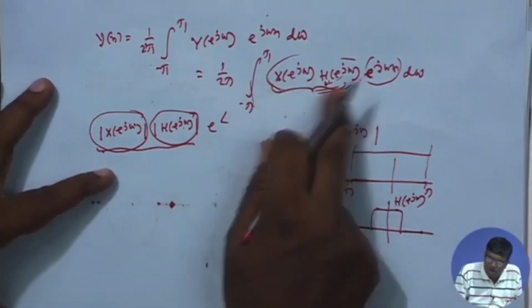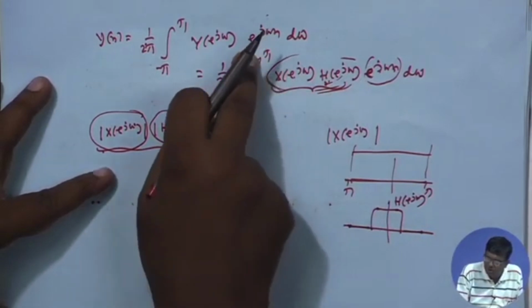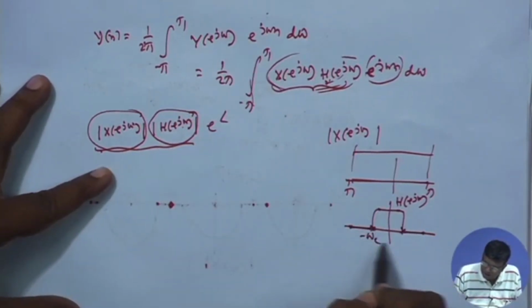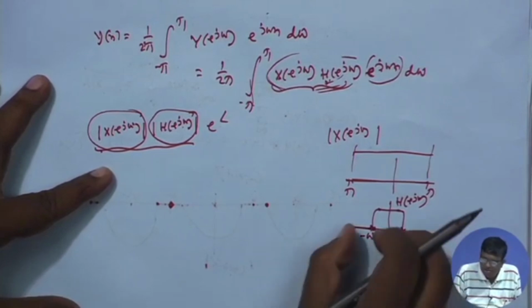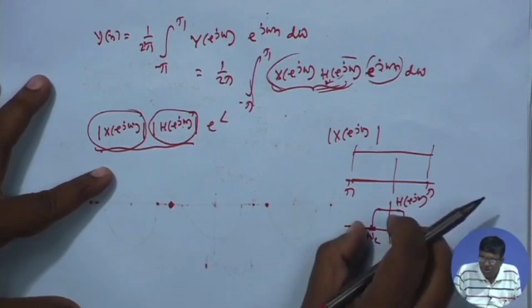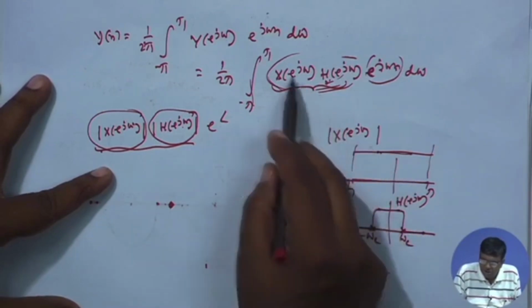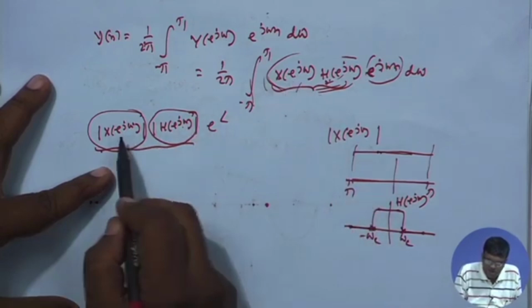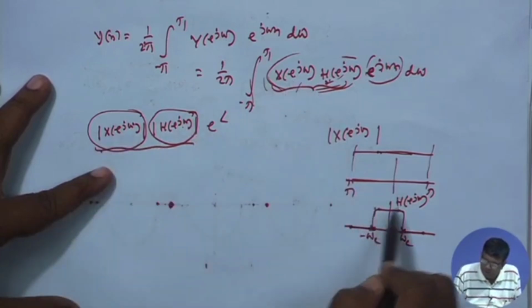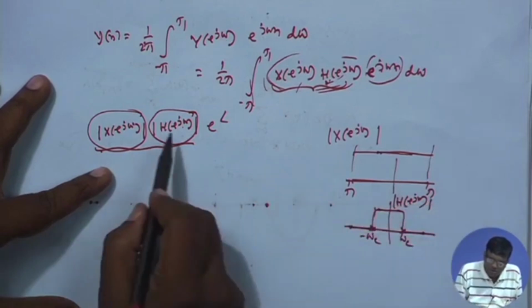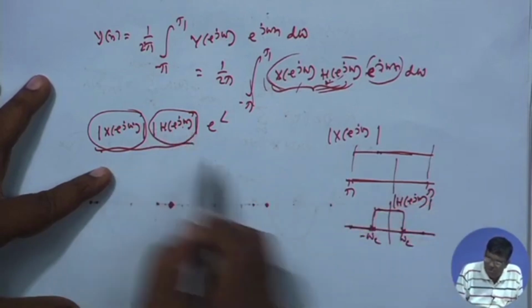So, when I multiply and then take the integral from minus pi to pi, only the range from minus omega c to omega c matters, because only during this part is the input DTFT magnitude multiplied by the system response DTFT magnitude.